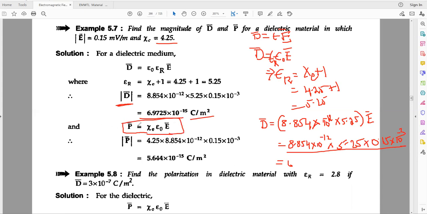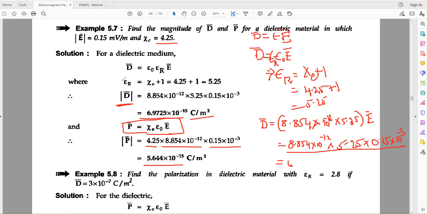In dielectric materials, P bar is equal to χe given as 4.25, epsilon naught is a constant value 8.854 into 10 to the power of minus 12, and E bar is given as 0.15 milli. You can calculate the function. You get 5.644 into 10 power minus 15 coulomb per meter square, which is the magnitude of the P bar. Got it, my dear students?